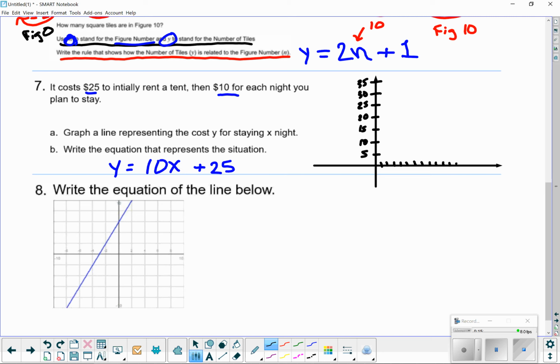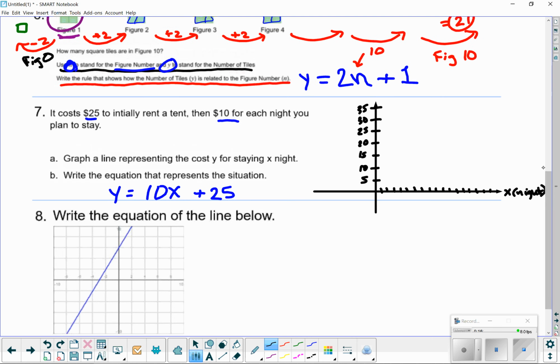So this will be your x-axis, but it's going to stand for your nights. And this is your y-axis. And it's going to stand for your costs. But for the costs, I'm going to write down that it's going to be money, right?